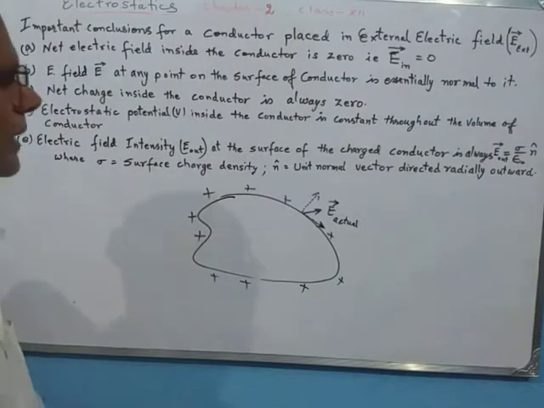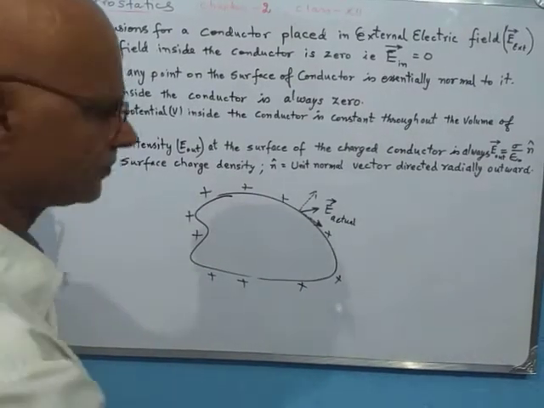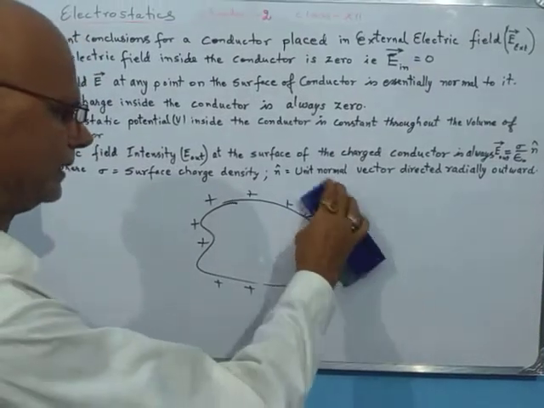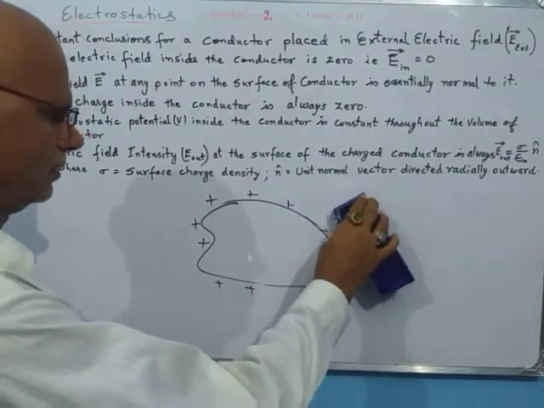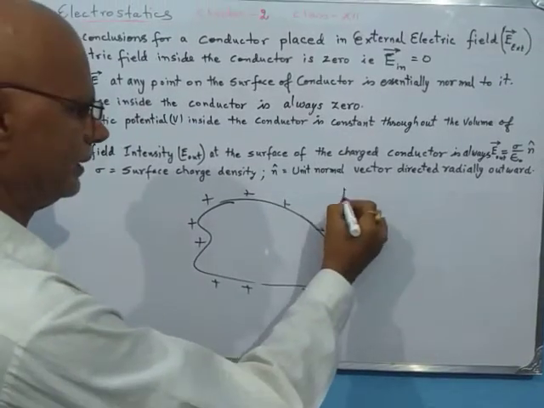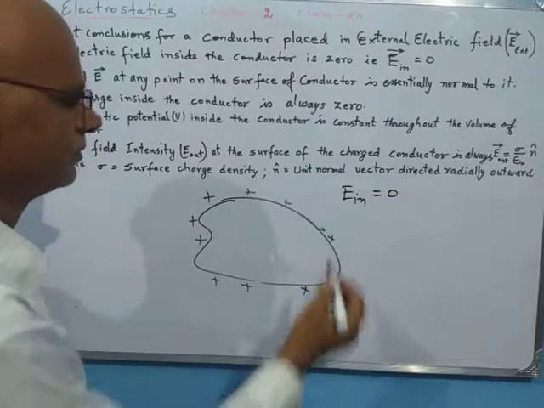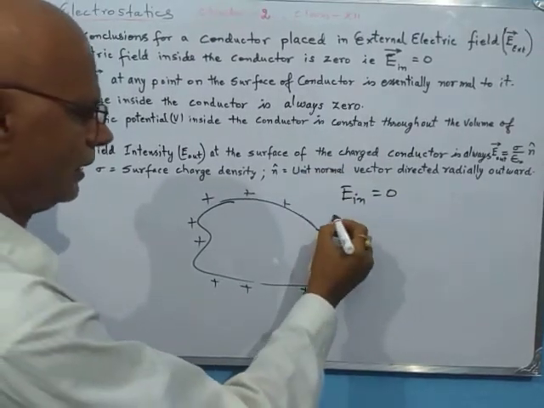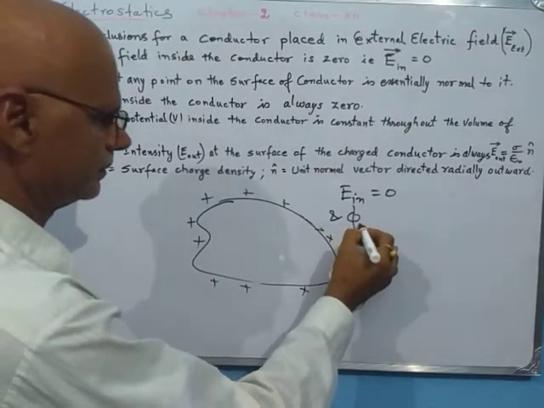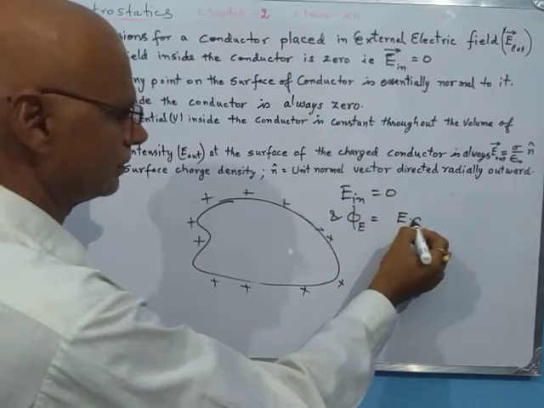Net charge inside the conductor is always zero. You see, the electric field inside the conductor is zero, as we have already proved earlier, and flux is equal to E dot ds.